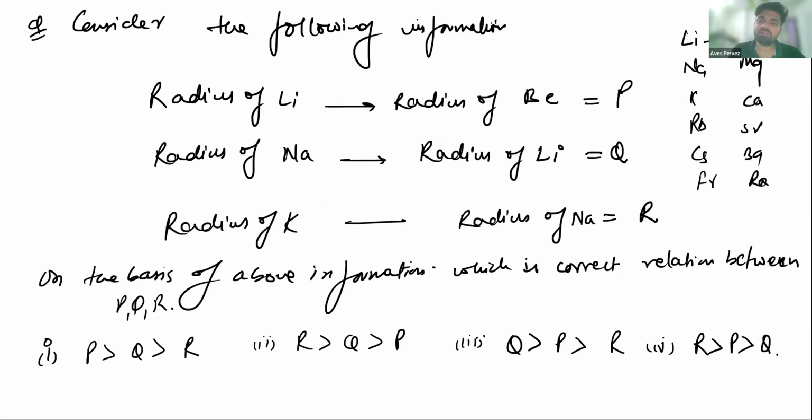So this is the smallest, then this one, then this one, then this one, then this one. Then this one, then this one, then this one. So tell me. Now you can take the information here.